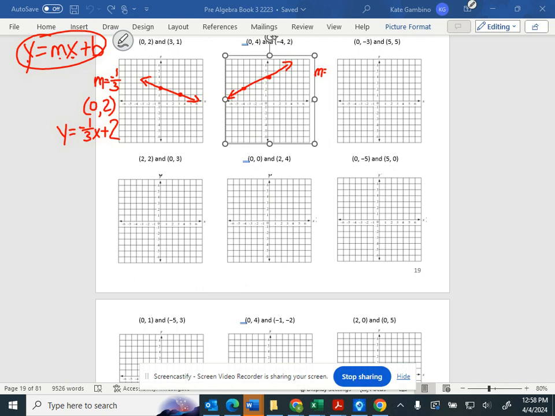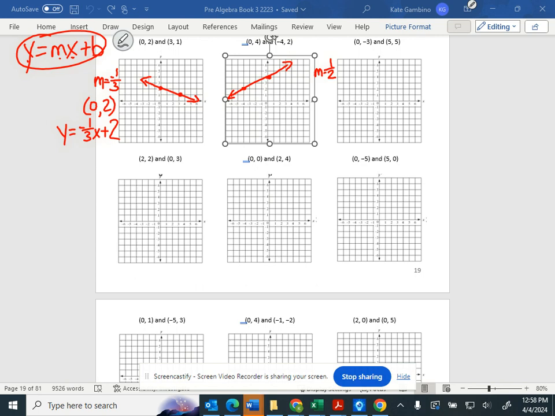Lauren says it's 2 over 4. Is that my slope, Damien? 1 over 2. Because we just talked about it, Lauren. We must simplify slopes. I can simplify 2/4 to 1/2. We do need to simplify our slopes.